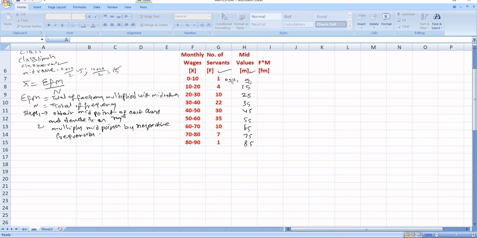So f into m, 1 into 5 is equal to 5, isn't it? And 4 into 15 is equal to 60. In the same way you have to go on multiplying.